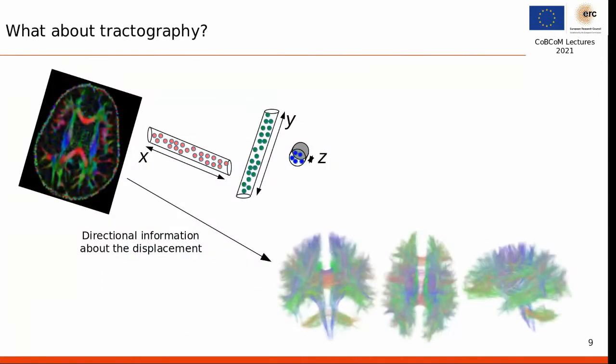Again, we can use directional information directly in order to, for instance, color code the fractional anisotropy map of before, where now a red color corresponds to an X displacement, a green color to a displacement along the Y direction, and a blue along the Z. And this kind of directional information can really be used in order to generate, for instance, the tractography that we were talking about before.